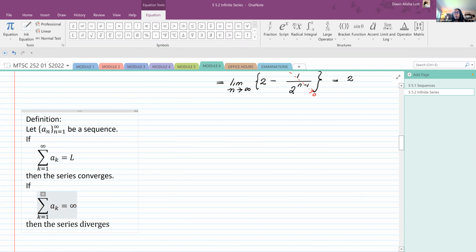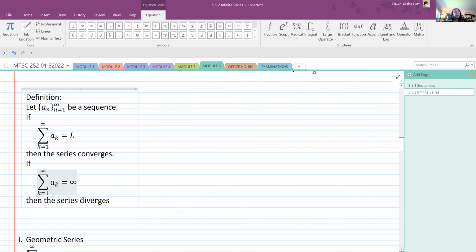Okay. So if you sum an infinite sequence and you get a number, then the series converges. If you sum an infinite sequence and you get infinity or negative infinity, which is possible, then the series diverges.